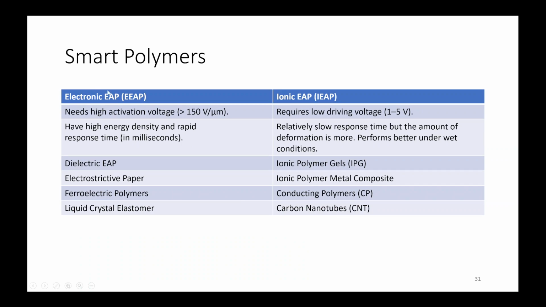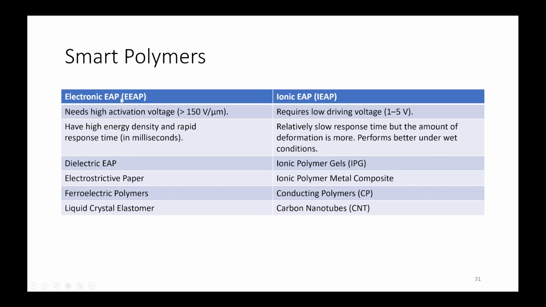Now the electronic EAP and ionic EAP are different. Electronic EAP needs a high activation voltage greater than 150 volts, and ionic EAP requires a low driving voltage from 1 to 5 volts. Electronic EAP has high energy density and rapid response time, in milliseconds, while ionic EAP has a relatively slow response time, but the amount of deformation is more, and it performs better under wet conditions.